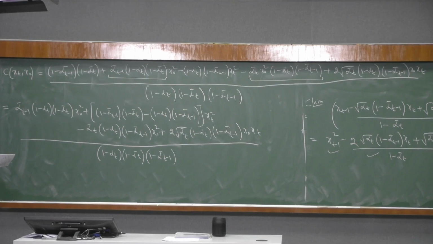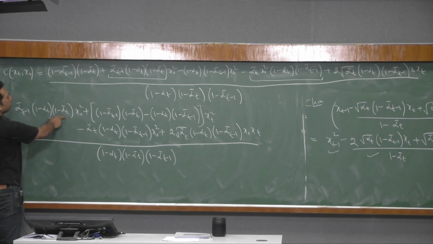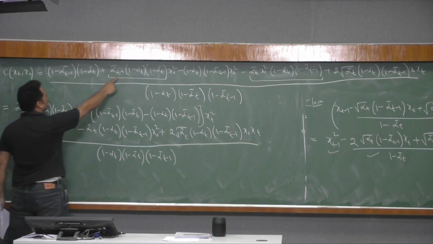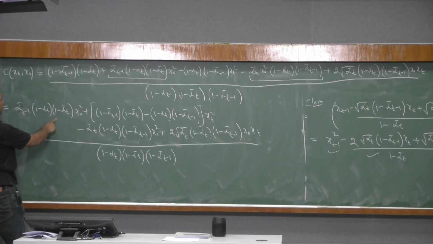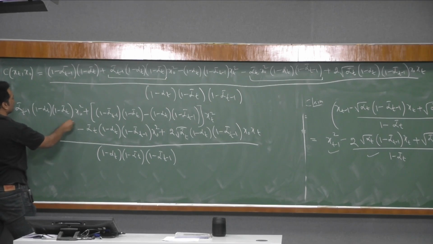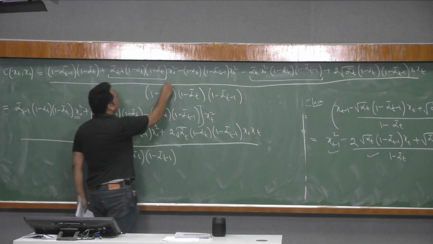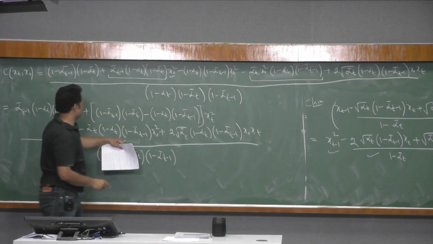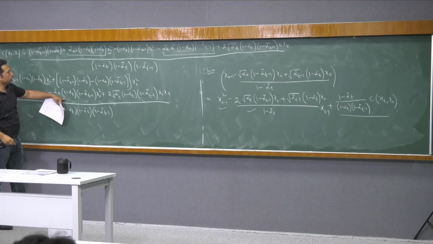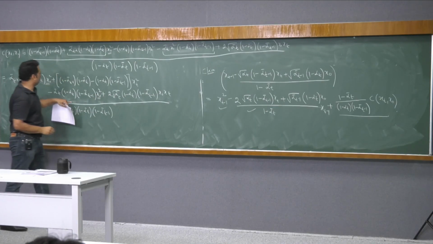I don't even know what I did. So it seems one x naught square term is here, which is this term, right? And the other x naught square term is also here. I did not really take the common.